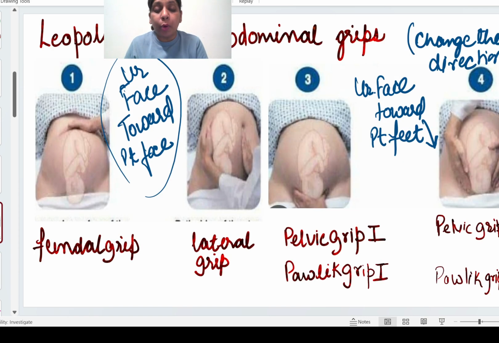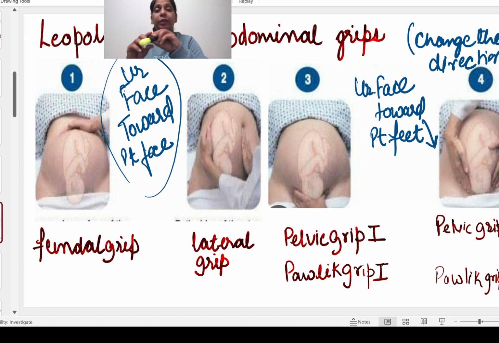Now about the Leopold grips. What are the Leopold grips? Leopold grips are the abdominal grips. So first, second and third grip. In the first, second and third grip, my face is toward the patient's face.